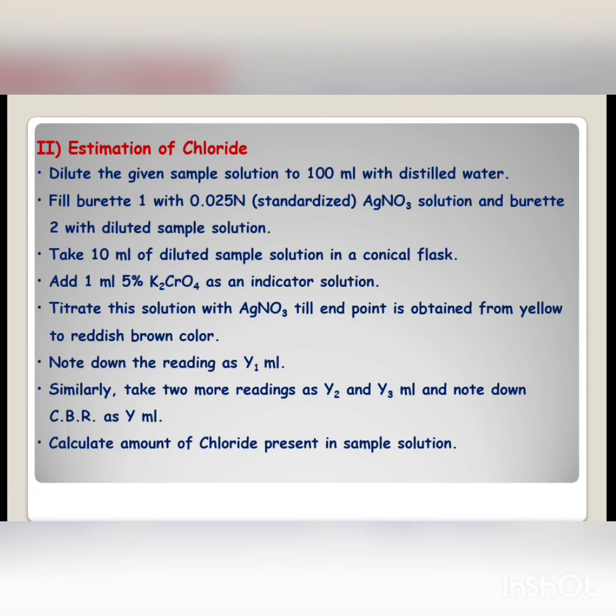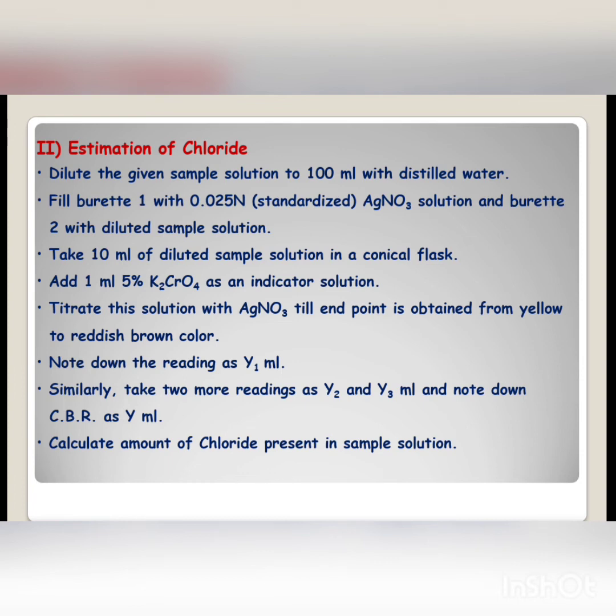First of all, whatever unknown sample solution is given to you, you will have to dilute it to 100 ml with distilled water. You will have to remember that throughout this experiment you must use distilled water only. You should not use tap water.